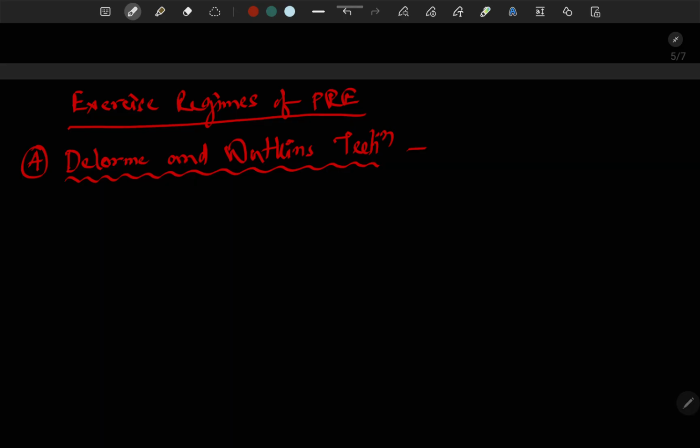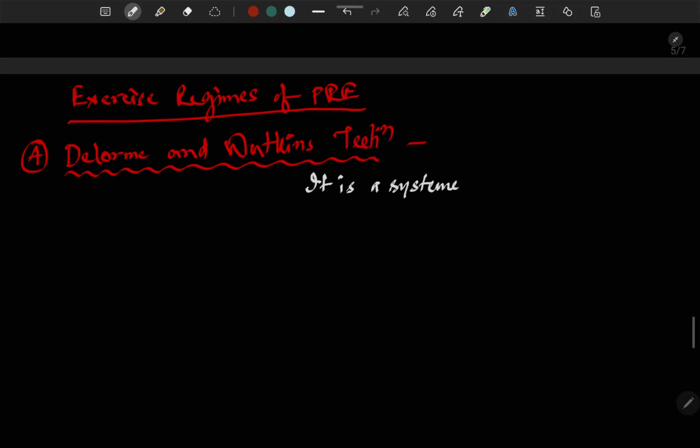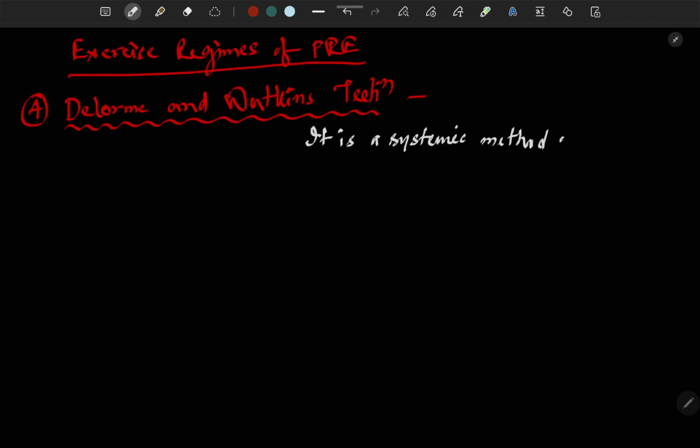In the Delorme and Watkins method, it is a systematic method of applying progressive resistance exercise.